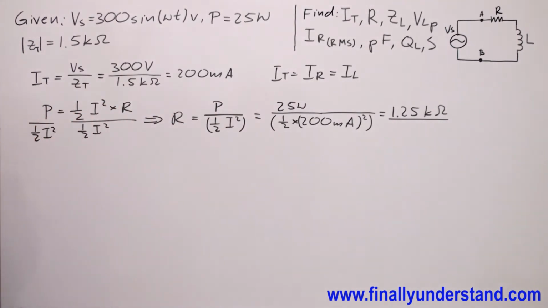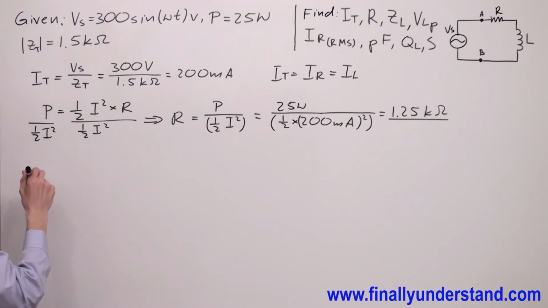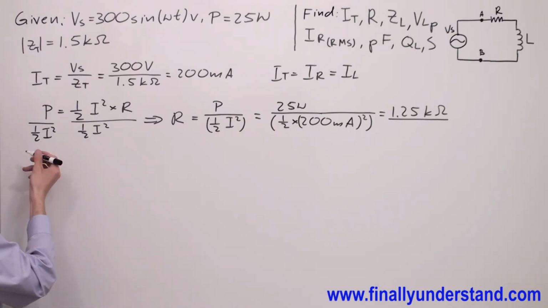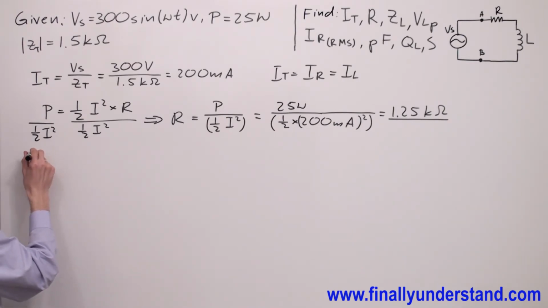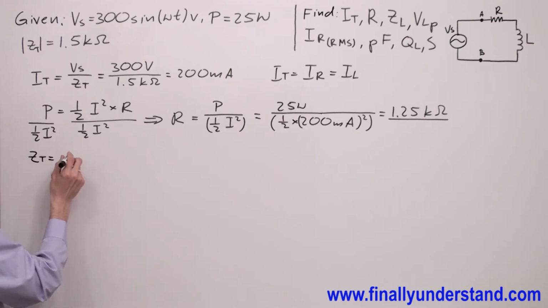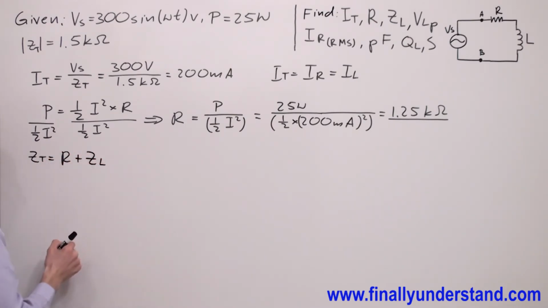Next, we can find the inductive reactance or impedance of the inductor. So what are we going to use? We are going to use the Pythagorean theorem to do so, because this is a series circuit, so I have Z total equal to resistance plus the impedance of the inductor.